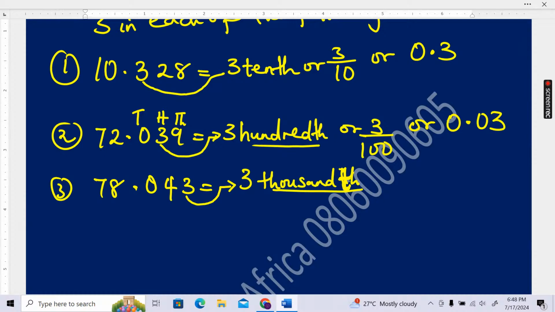Hundredth in decimal ends with th. Tenth in decimal ends with th. So, 3 over 1,000, or 0.003. So we have been able to state the place value of this digit in each of the given numbers.